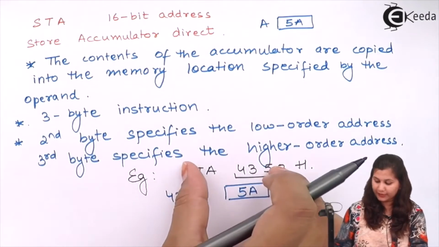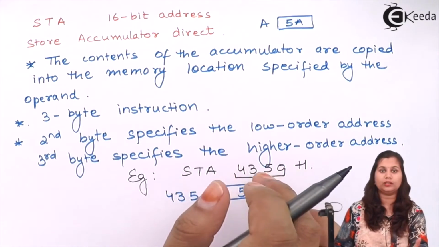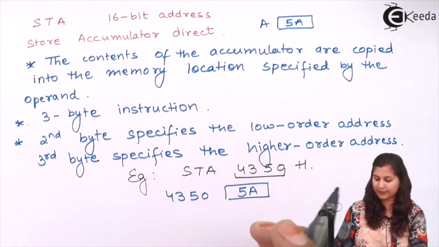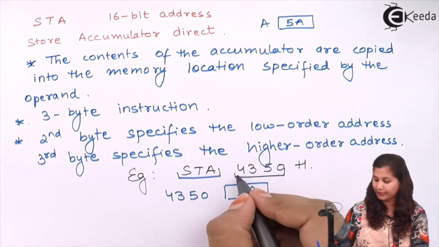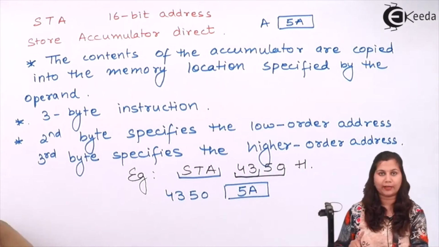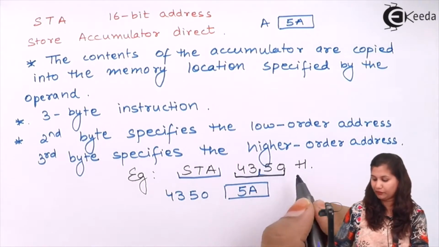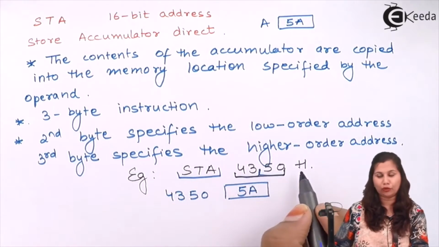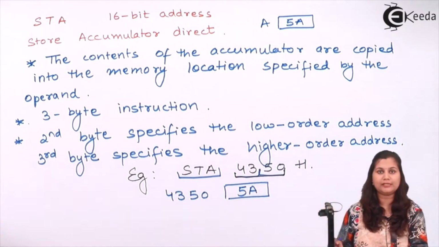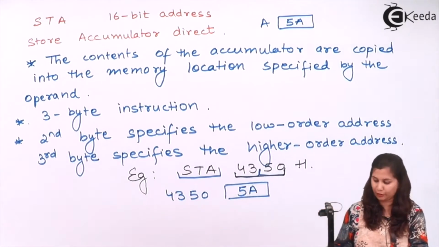When we are going to save this instruction into the memory of the microprocessor, then for STA we will have a machine code, then for 43 we will have 1 byte, and for 50 we will have 1 byte. So this will be a 3-byte instruction.